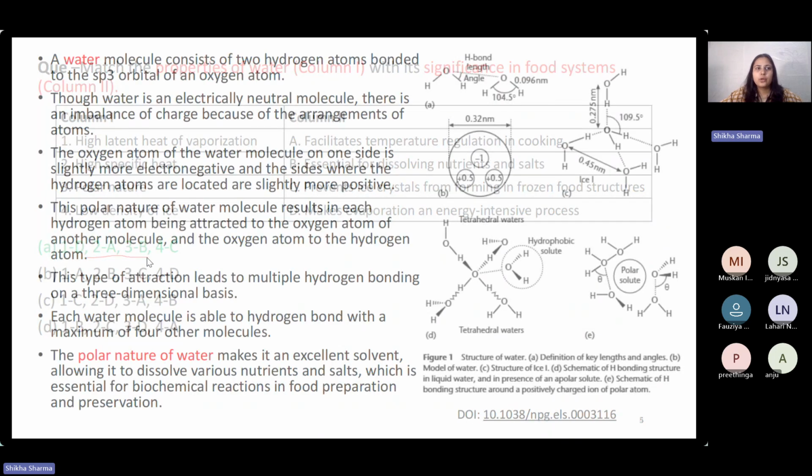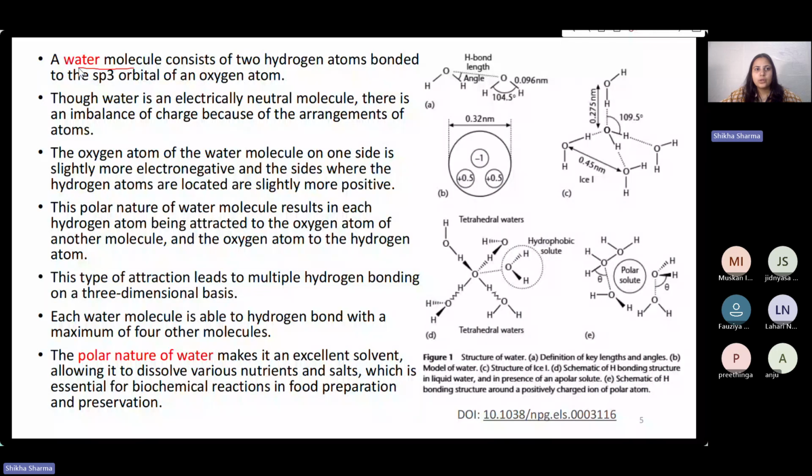We know that water is a molecule that consists of 2 hydrogen atoms bonded to the sp3 orbital of an oxygen atom. Here we can see the water molecule, which has oxygen and two hydrogen atoms.